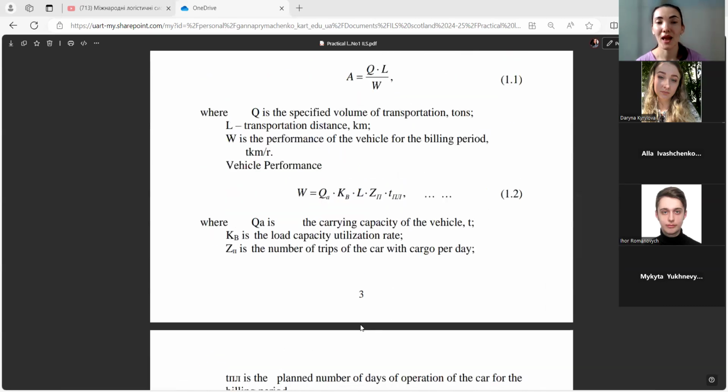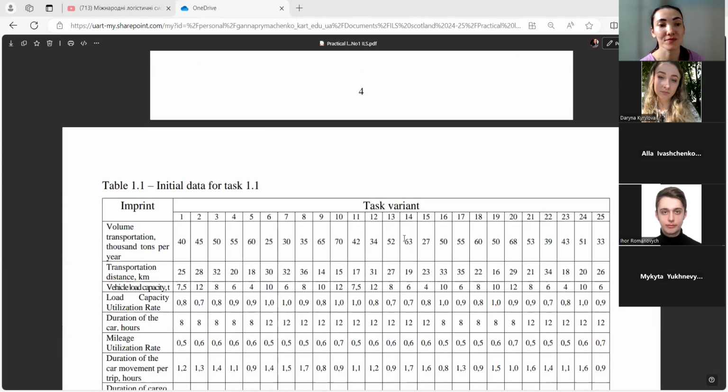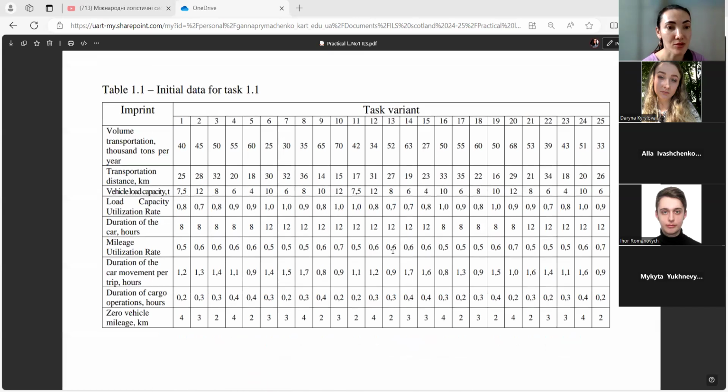Okay. And the next, it is special index K with index B. It is the load capacity utilization rate. And find it is load capacity utilization rate. This index not bigger than 1.